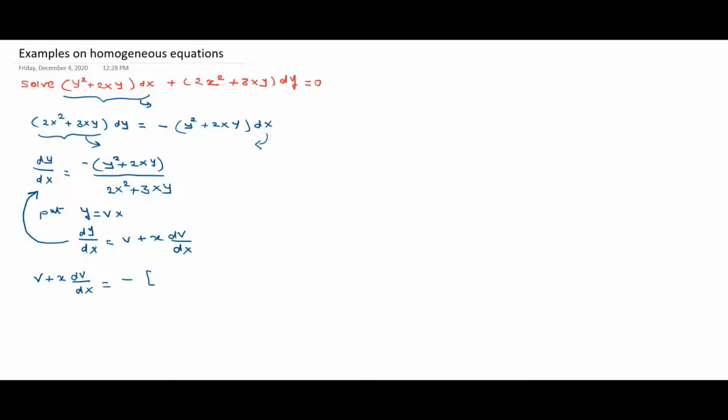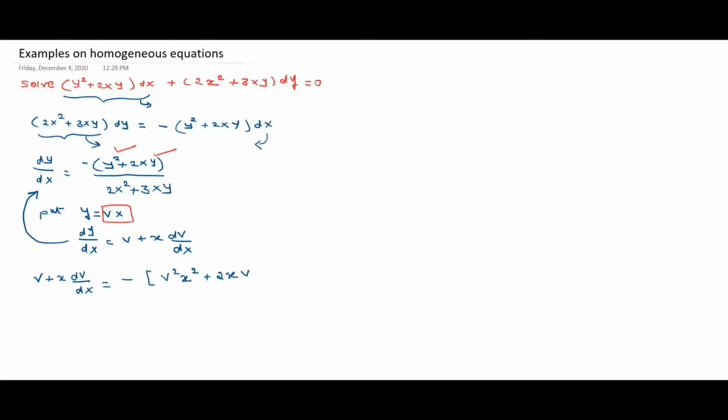Next term is y square. And what is the value of y square? Y is equal to vx. So y square is equal to v square x square. That is v square and x square plus 2x, and then again substitute the value for this y. Substitute the value for y is equal to vx.